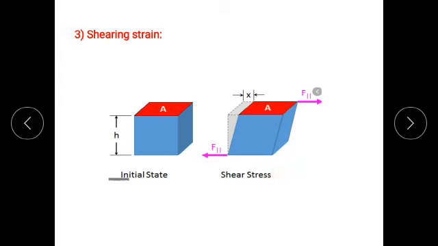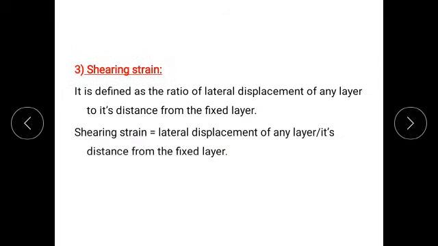We have already studied that shear stress is the ratio of lateral displacement of any layer with respect to the distance from its fixed layer. See here, this is the fixed side. When a tangential force is applied, its side changes shape, and that is called the shear stress.